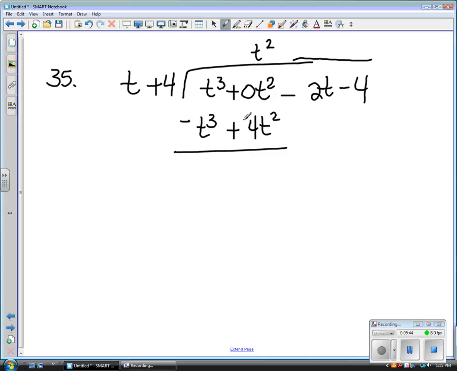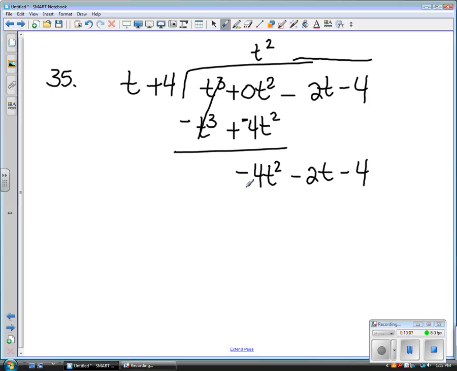So this looks like a negative and a negative. So t cubed minus t cubed cancels off. 0t squared plus a -4t squared is -4t squared, right? I'm just going to bring all this other stuff down. So all this just comes straight down.